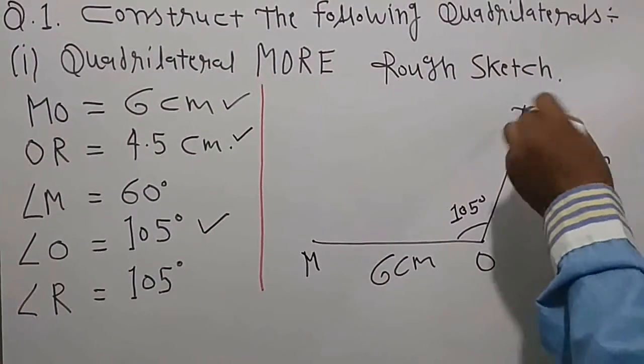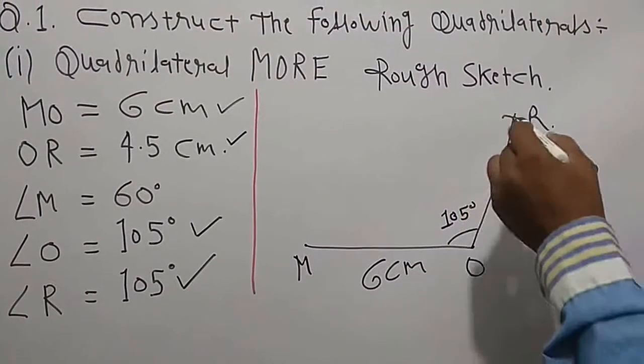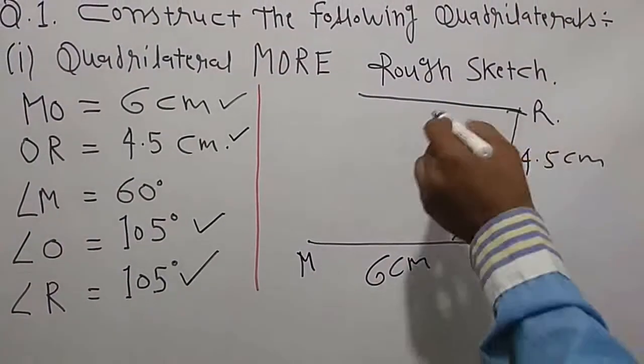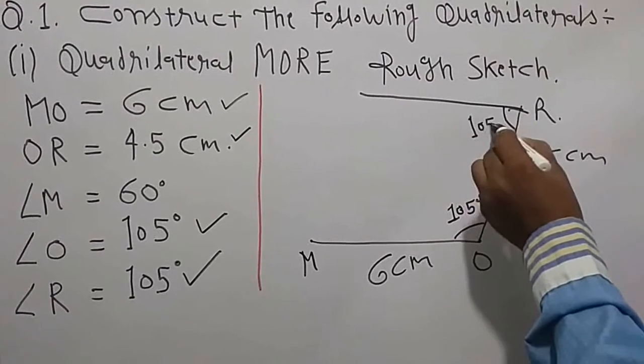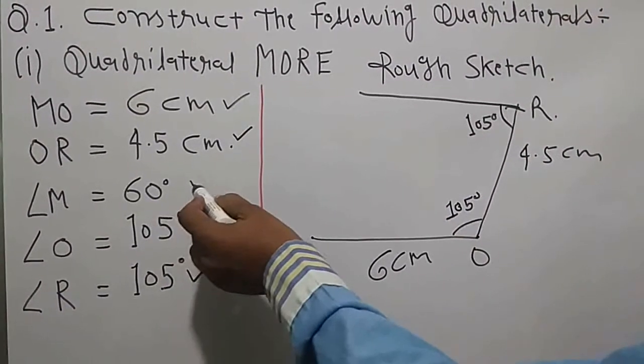From this point R, now you draw one more 105 degree angle. Now, angle M equal to 60 degree.